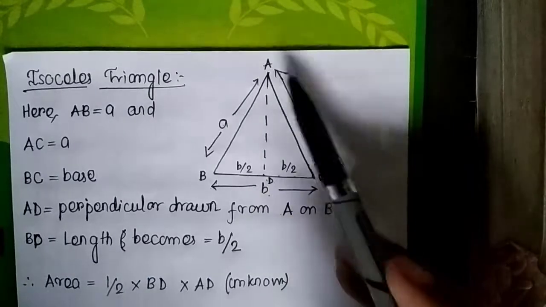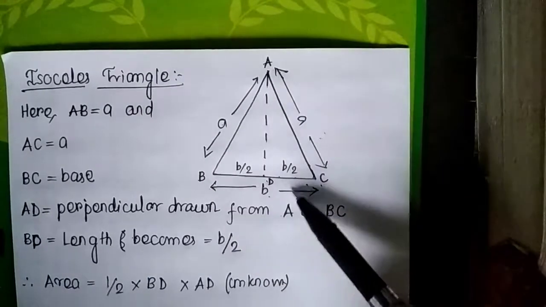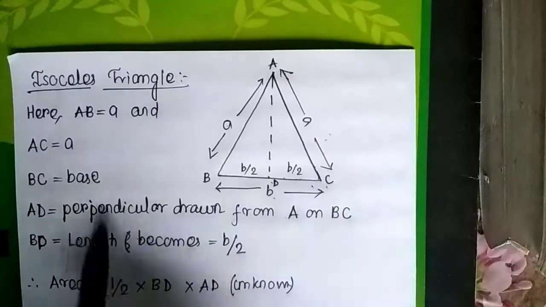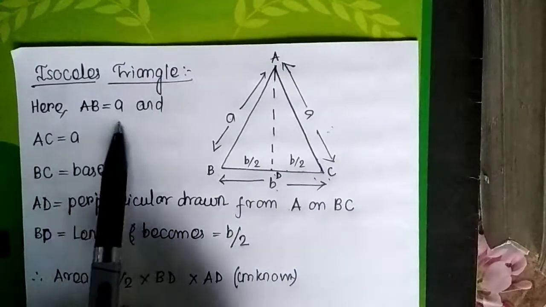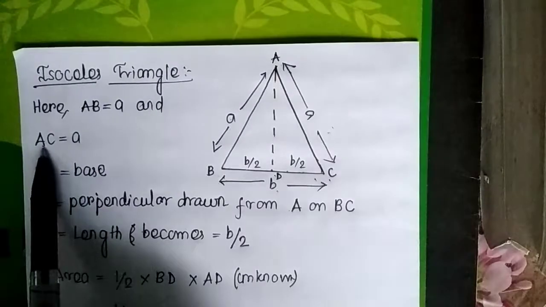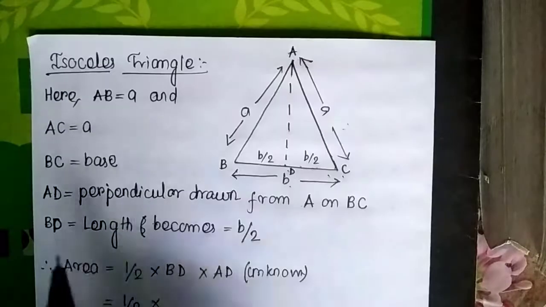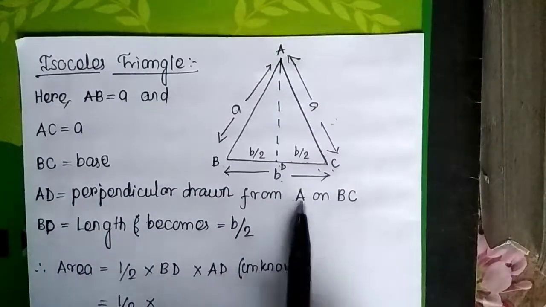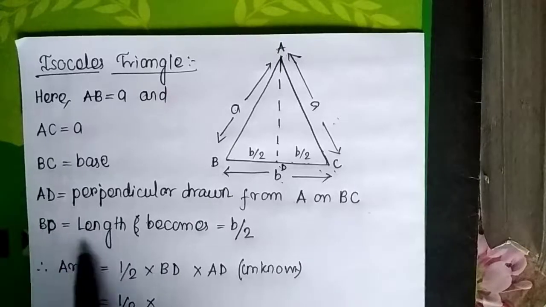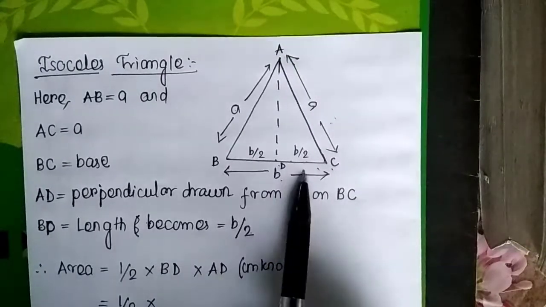Then D is the midpoint of BC, that is BD equals B by 2. Here the length of AB is A, and similarly for AC we have A, and here BC is the base, AD is the perpendicular drawn from A on BC. BD's length becomes B by 2, half of B.